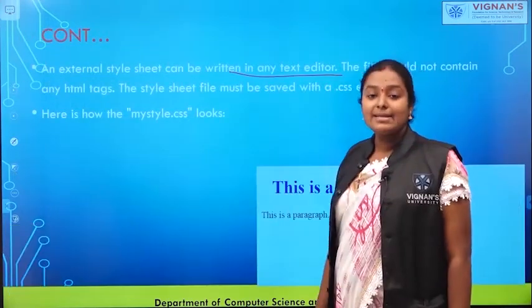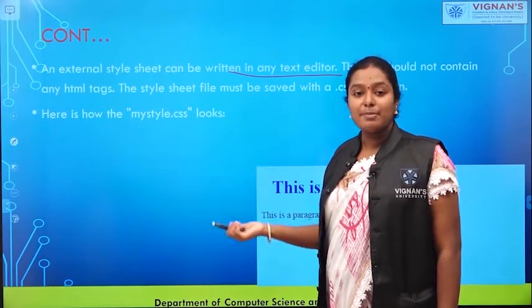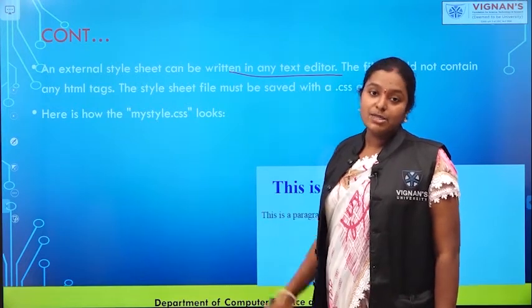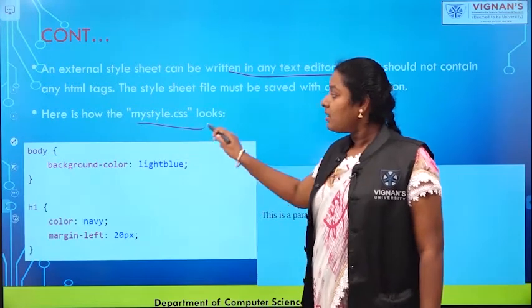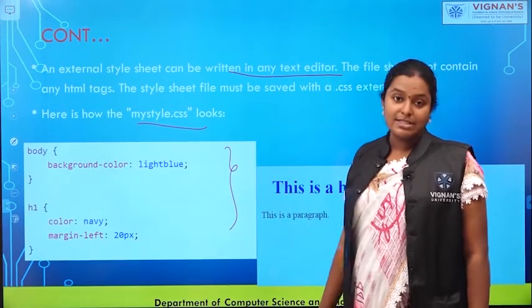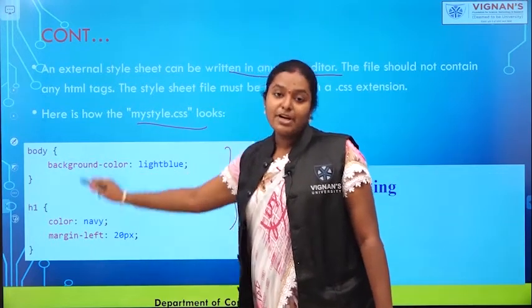So where can you write this .css file? A .css file can be written the same as a .html file, nothing but inside any text document, such as Notepad. How to save your file? With a file name and .css. This is the example for a .css file. Nothing but, you can write only the different types of selectors.